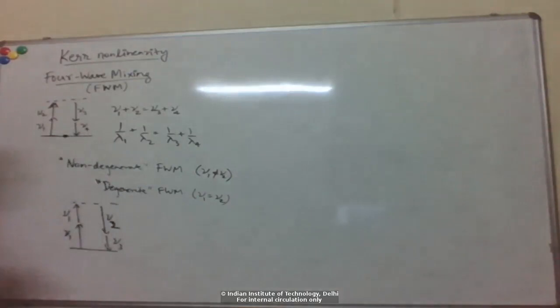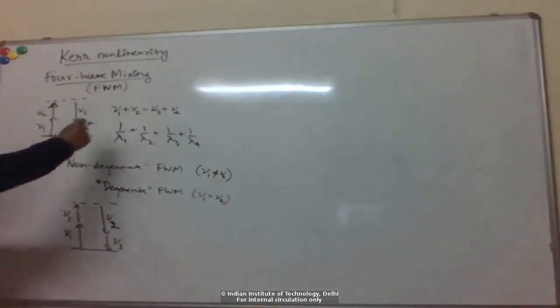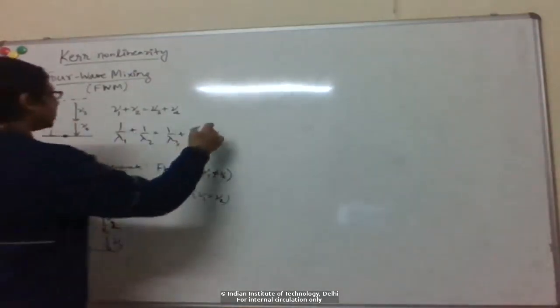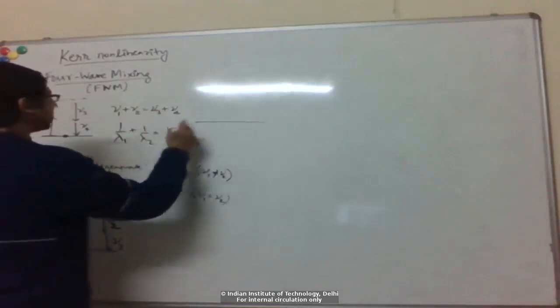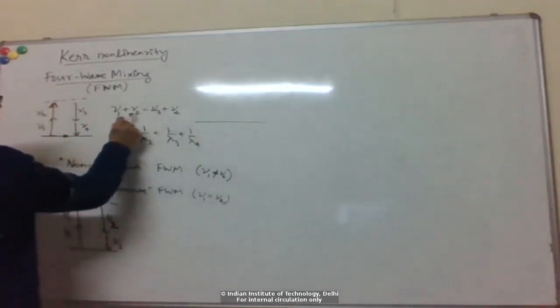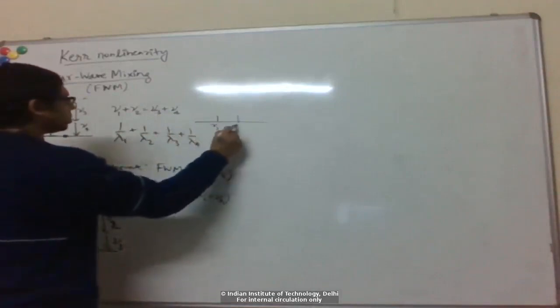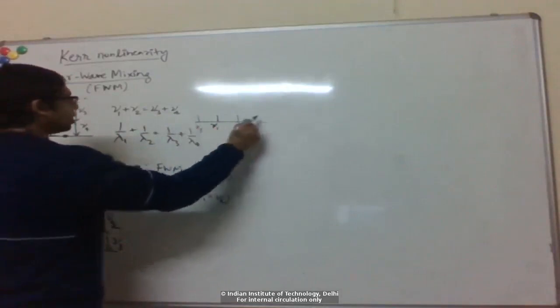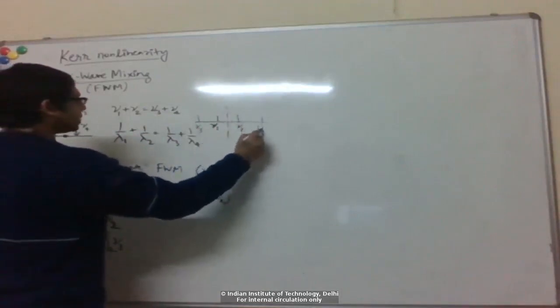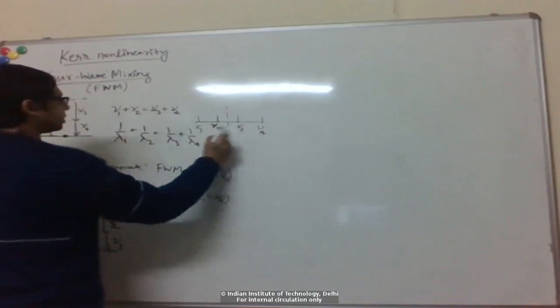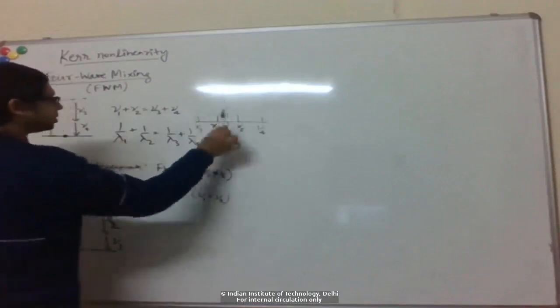This is a non-degenerate. So you can see basically the frequencies have to be symmetrically placed, right? So here basically, the average of nu1 and nu2 is the same as the average of nu3 and nu4. So nu1 and nu2, they're like this. Then nu3 and nu4 are symmetrically placed about some center, right?